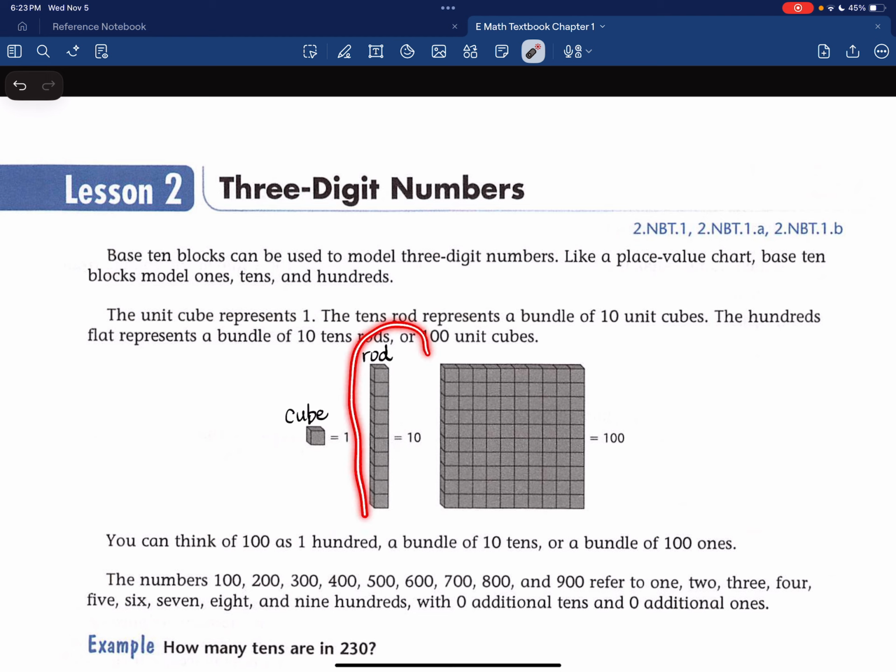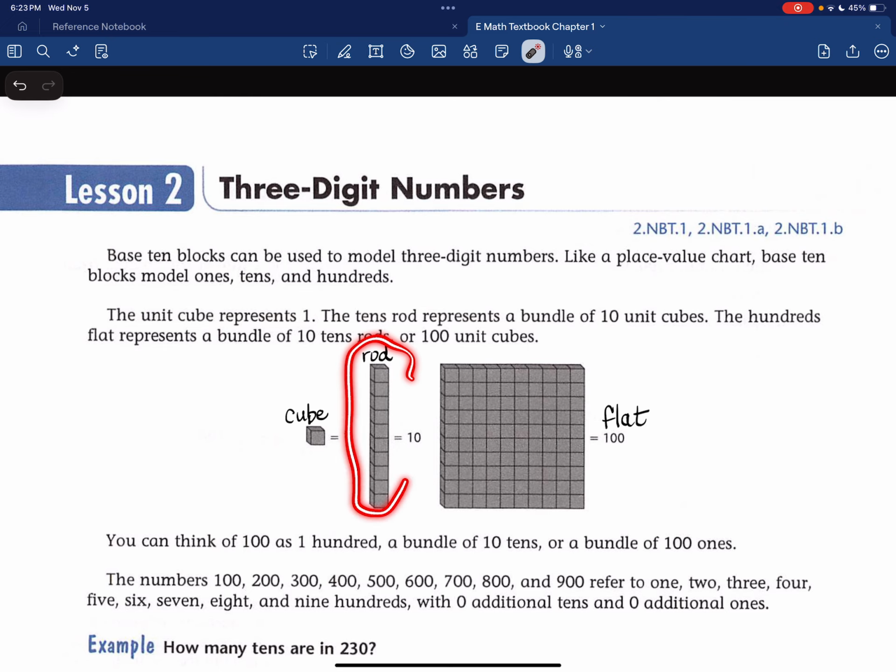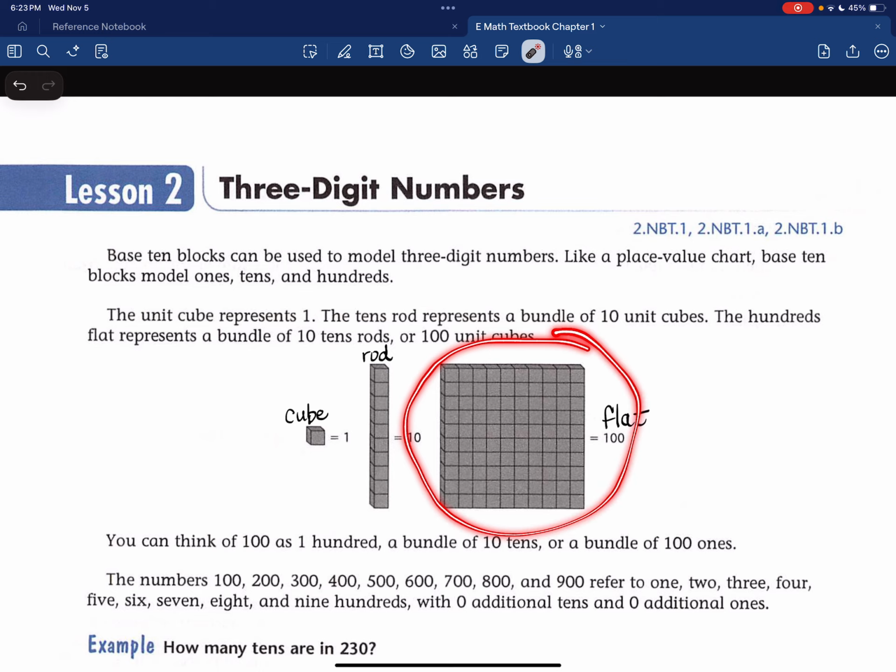Then if you take 10 of those and put them together, the hundreds flat represents a bundle of 10 rods or 100 cubes. So the 100 can be described as 10 of these or as 100 of these. Now, if you learn percent with me down the line, you will see this come back because that is a perfect model when we study percent.